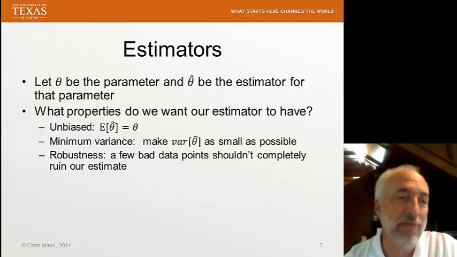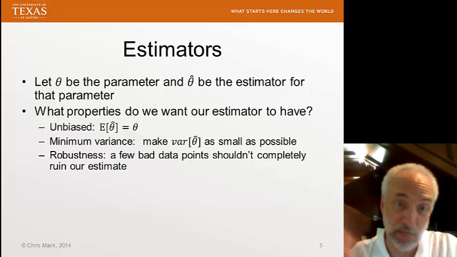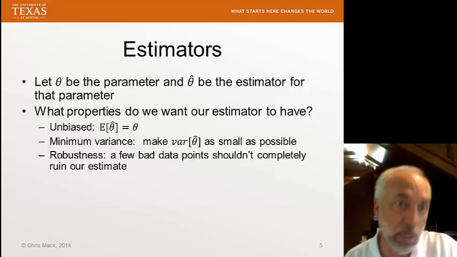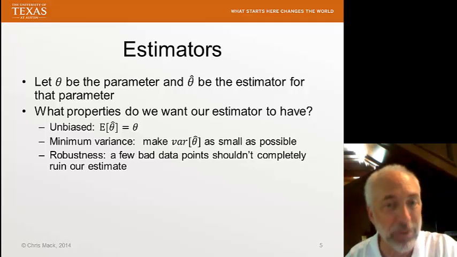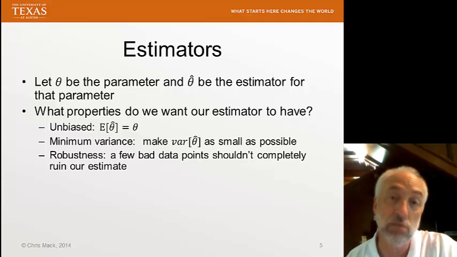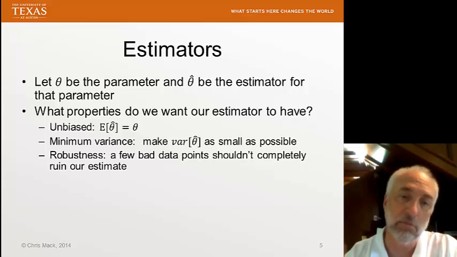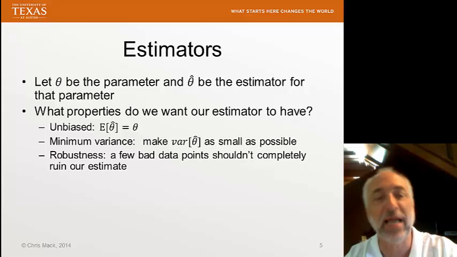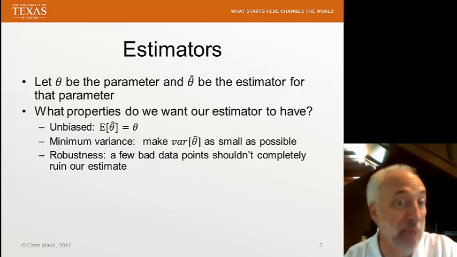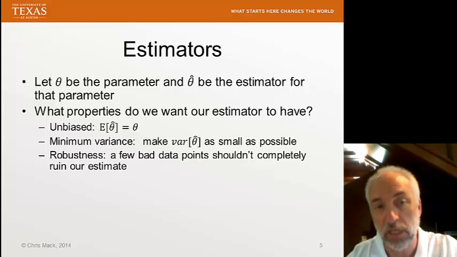Robustness means if I have some bad data points, for some reason some data point got screwed up and is 100 times too big, I would like to have an estimator that would not be completely ruined because of this one bad data point, or two bad data points, or maybe a lot of bad data points. So if I have some reasonable fraction of the data that turns out to be bad, will my estimator still give me a reasonable result? That's robustness.